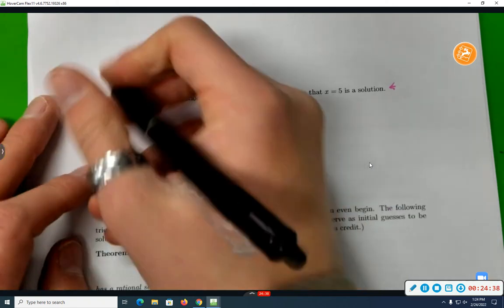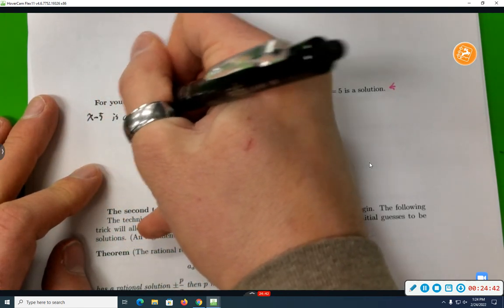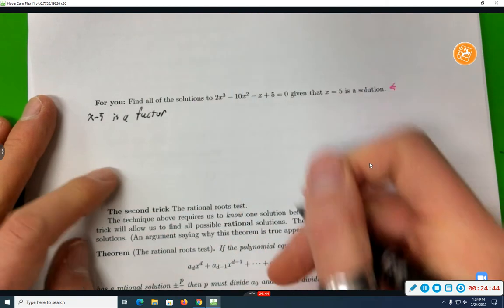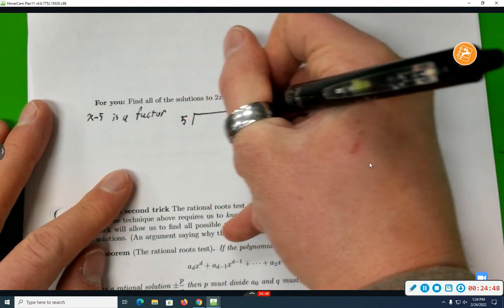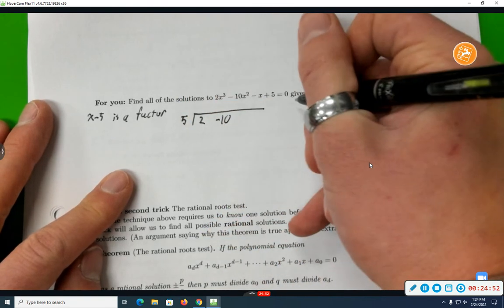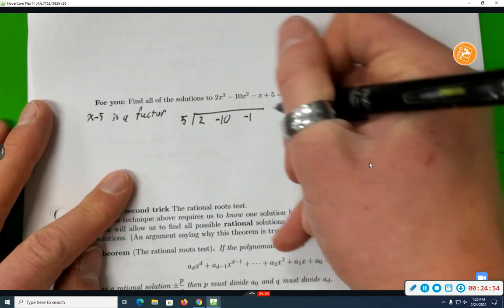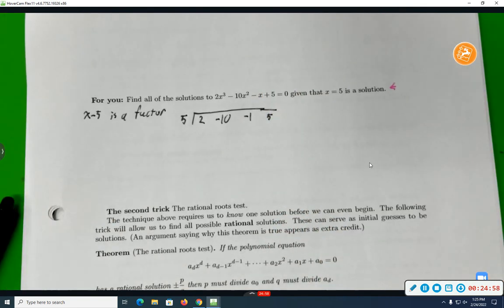So, let's see. So I know that x minus 5 is a factor. To figure out what the result of division is, I'll just put a 5 there. I'll see how many times that divides into 2, -10, -1, 5. And I'll follow the algorithm.